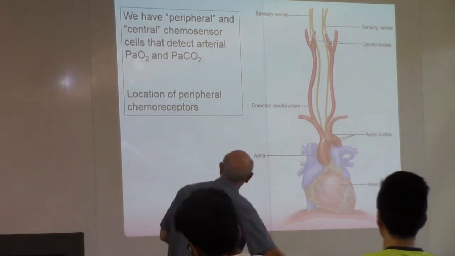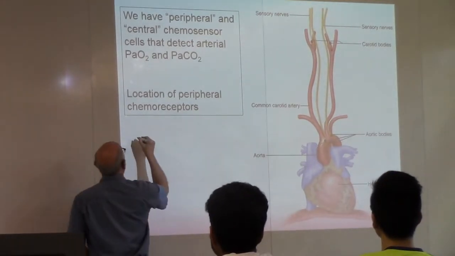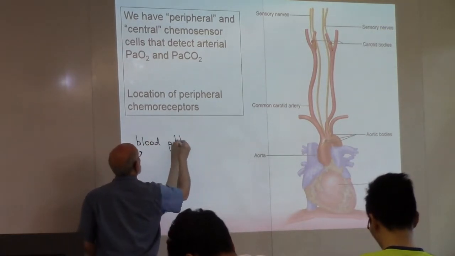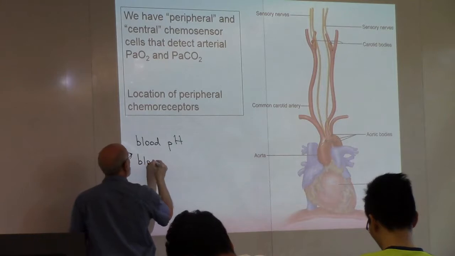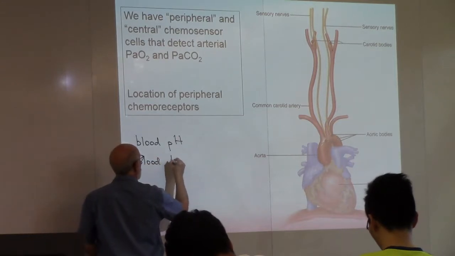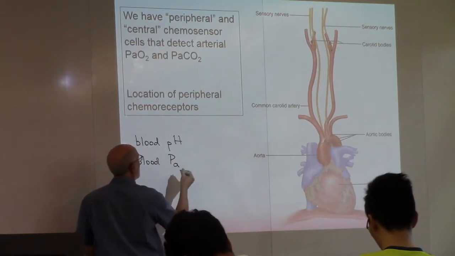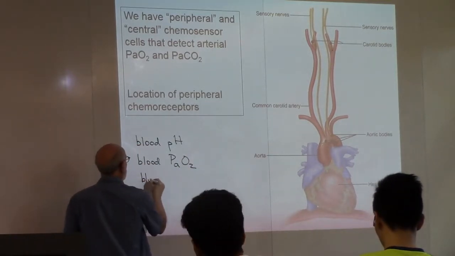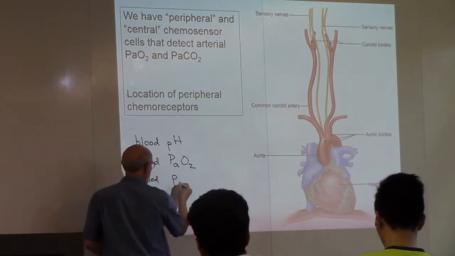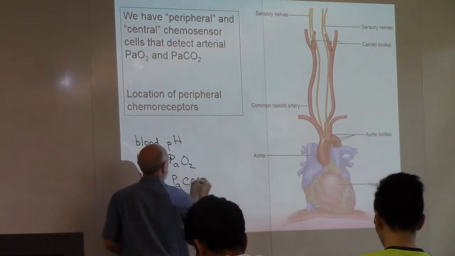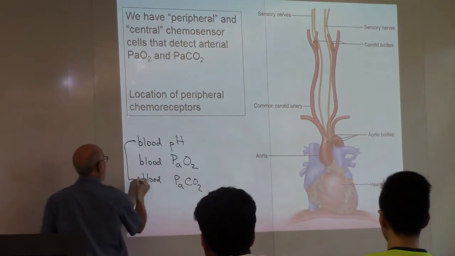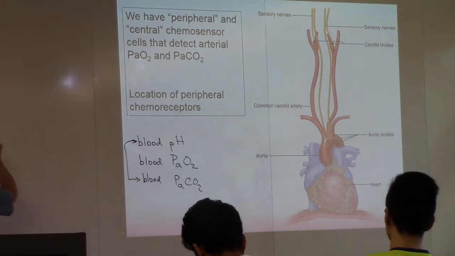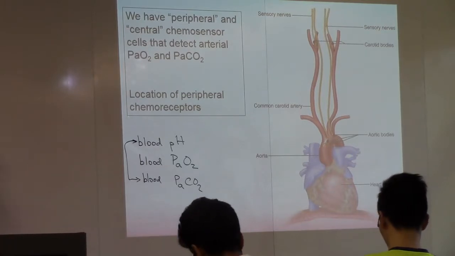So the variables that are controlled are blood pH, arterial blood partial pressure of O2, and arterial partial pressure of CO2. And these things are highly related because of the equilibrium that you know.